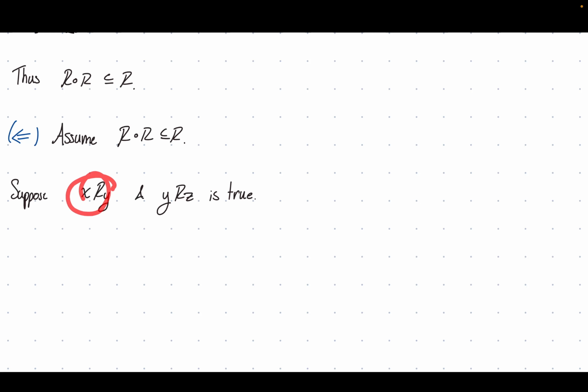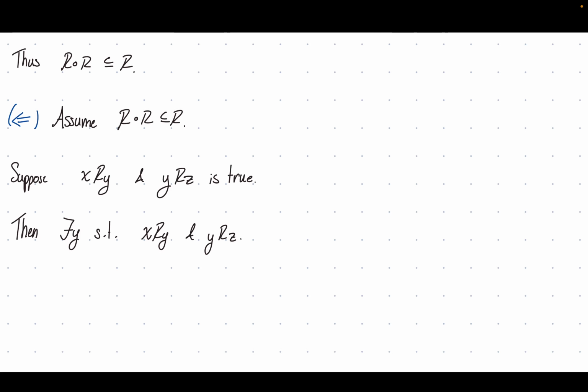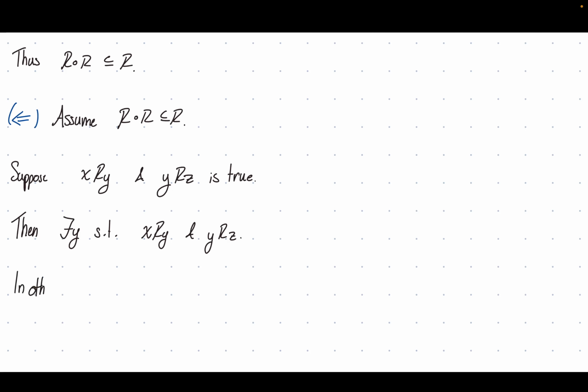We're assuming this. Assuming that, we have to show that X R Z is also true. Then there exists some Y such that X R Y and Y R Z, in other words, there exists some Y such that X comma Y is in R and Y comma Z is also in R.